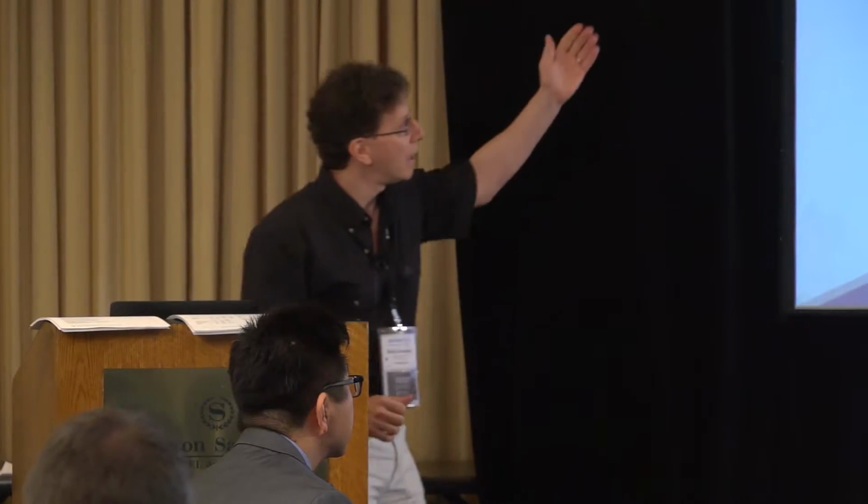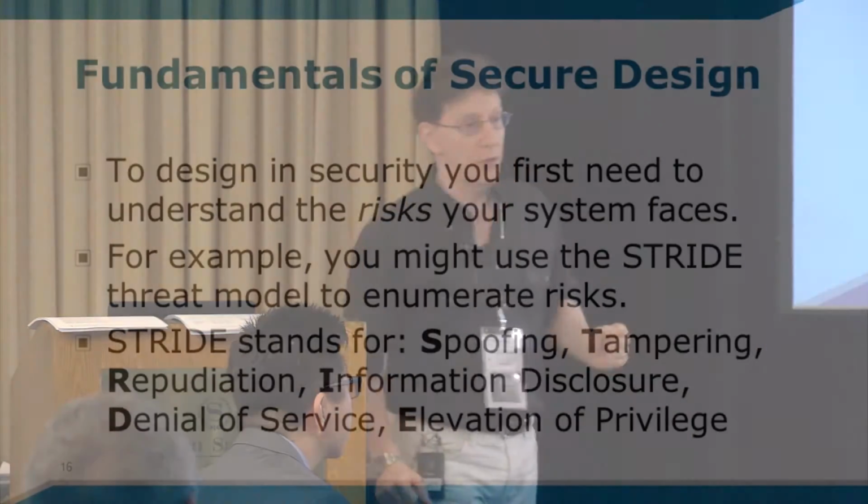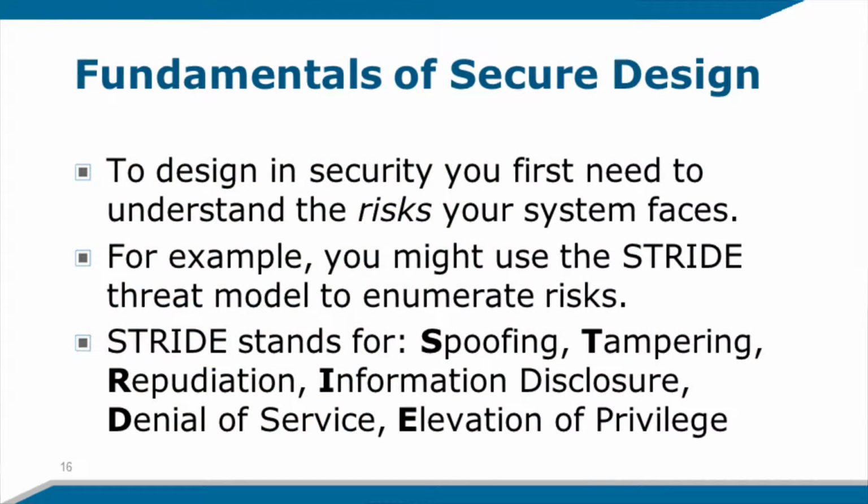So as we said, to design in security, you first have to figure out what your risks are. One of the ways that I like to do this is to use the STRIDE threat model to enumerate risks. STRIDE is a model that was created by Microsoft, I think in 2009. The acronym is just the first letters of 6 categories of attacks: spoofing, tampering, repudiation, information disclosure, denial of service, elevation of privilege.